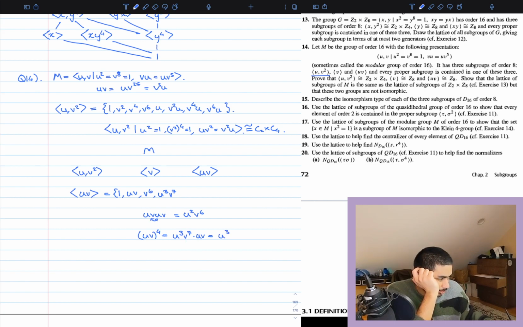So we've got U cubed V squared UV squared. And then we swap these again and get, really, U to the 4 V to the 12. Now U has order 2 and V has order 8. So this is just V to the 4.